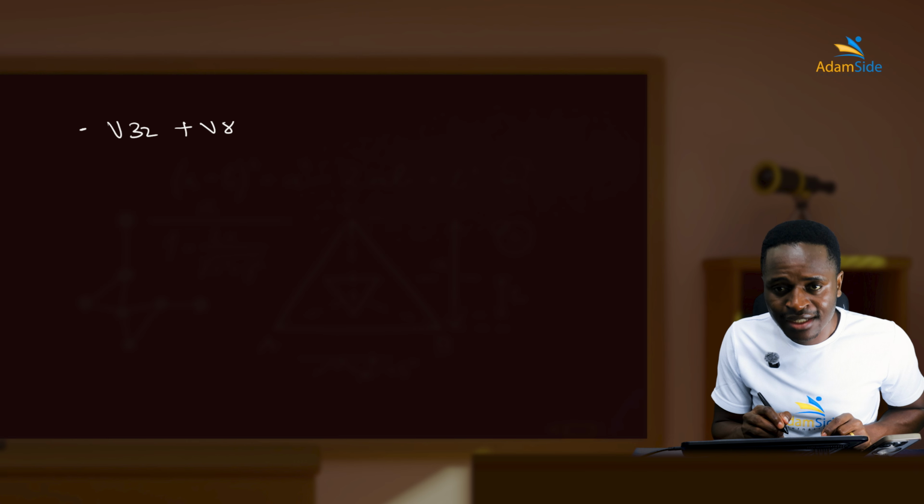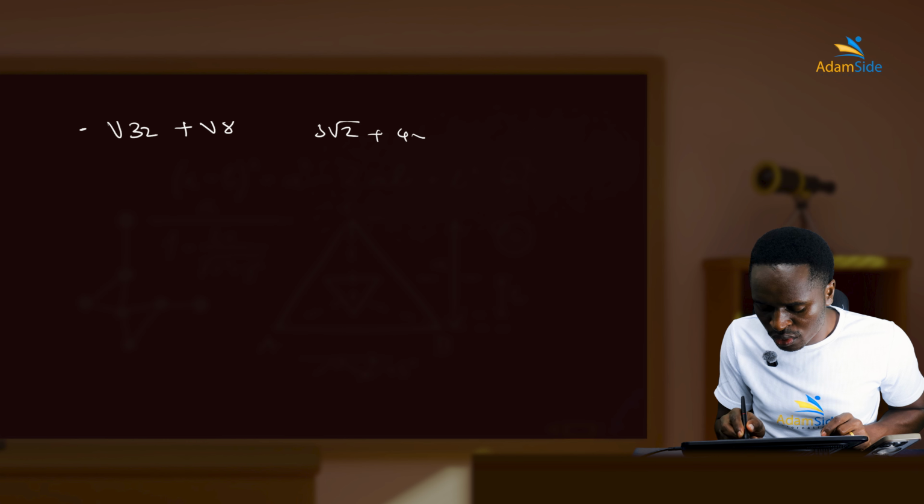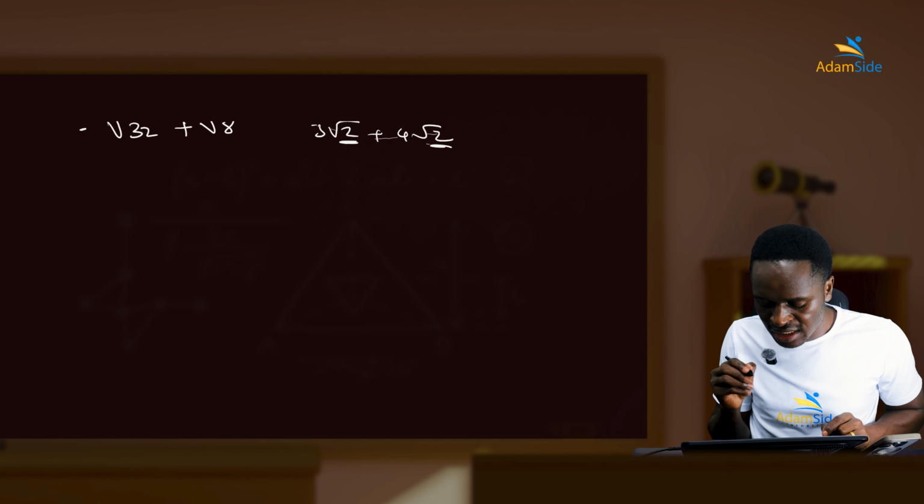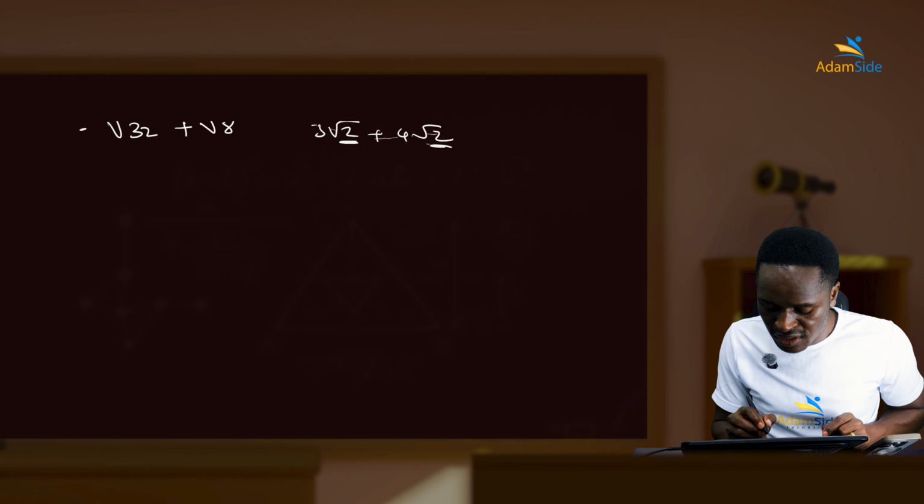So you can say 3 root 2 plus 4 root 2, simply because they have the same number inside the square root symbol. Therefore, you only add the coefficients, 3 plus 4, and keep the surd the same, so this is 7 root 2.